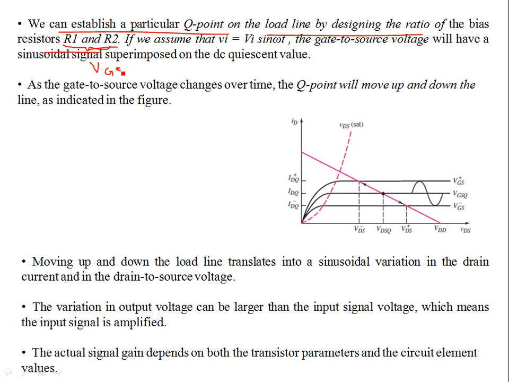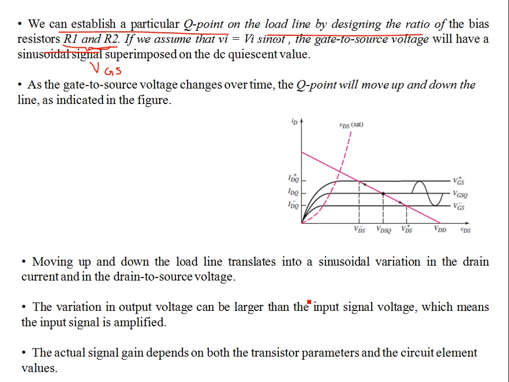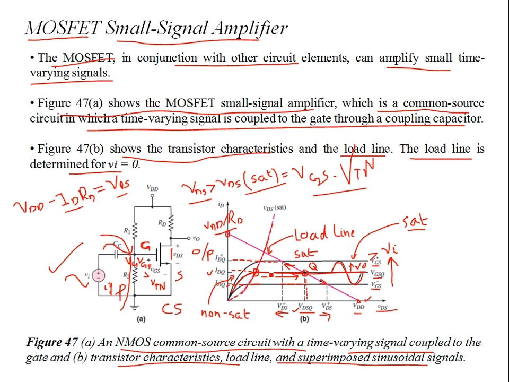So VGS determines VDS basically. Now, VGS minus VTN is the transition point, so it determines where your transistor is biased. Once you are in the saturation region, you can use this IV characteristic.